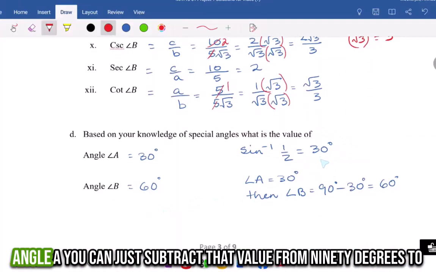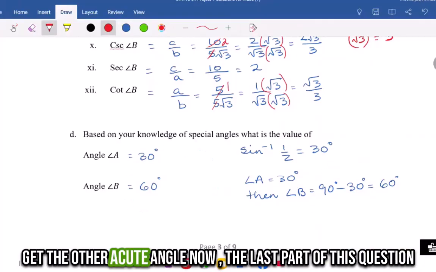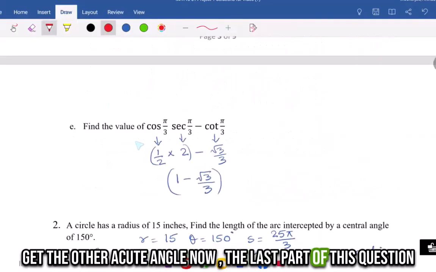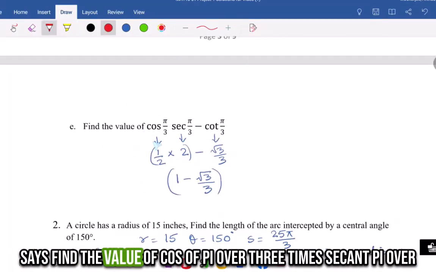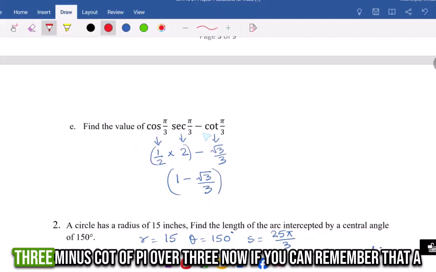But if you know angle A, you can just subtract that value from 90 degrees to get the other acute angle. Now, the last part of this question says, find the value of cos of pi over 3 times secant pi over 3 minus cot of pi over 3.